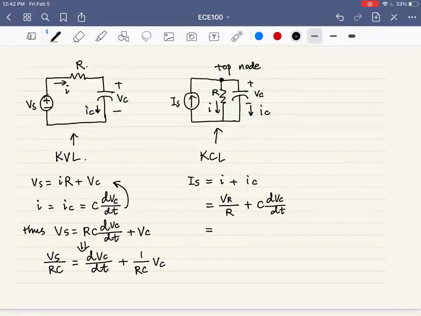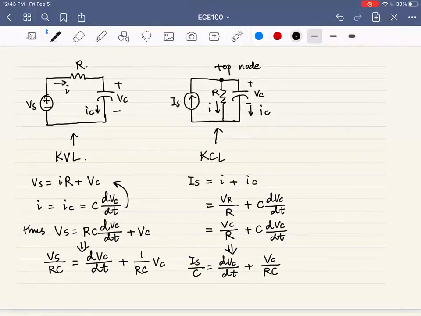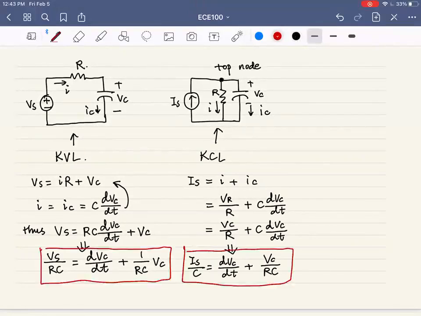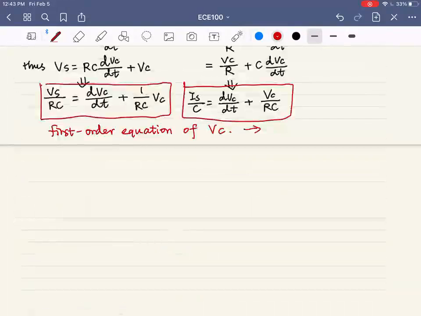And we also know VR equals VC. Then we get, divided both sides by C, we have this. So we get the first order equation of VC. They are basically differential equations.